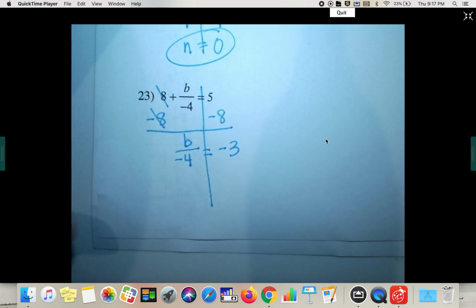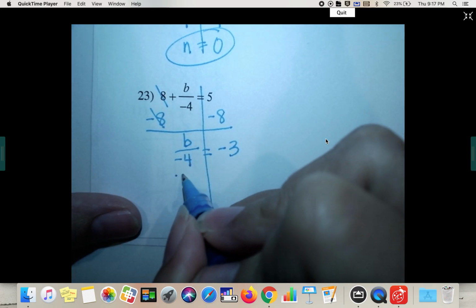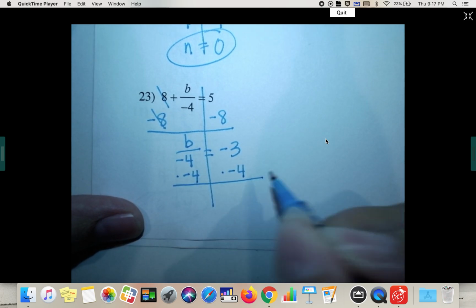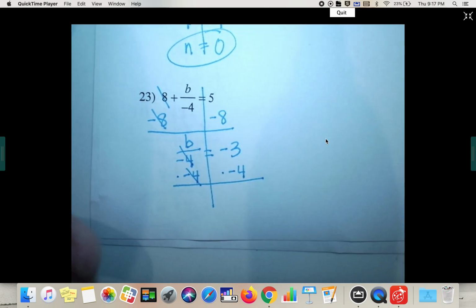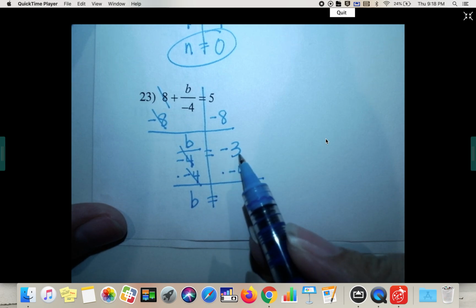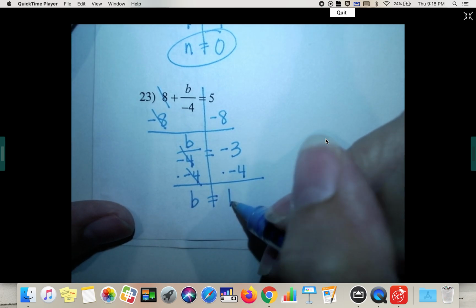Again, use your calculator. I'm not asking you to know what 5 minus 8 is off the top of your head. B is being divided by negative 4, so we are going to multiply by negative 4. That will cancel the divided by and multiply, two opposites. Bring down your b. Negative 3 times negative 4, negative times negative is positive 12.